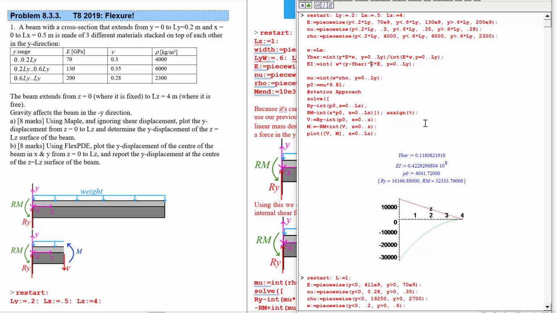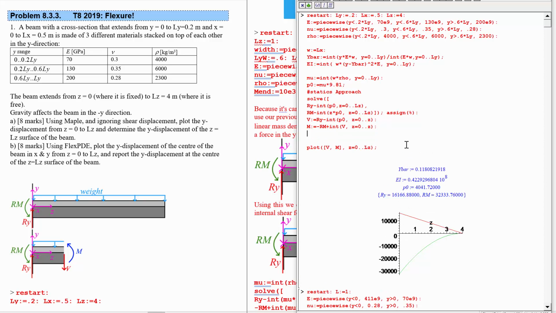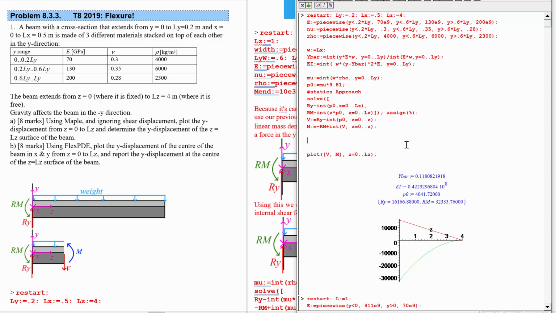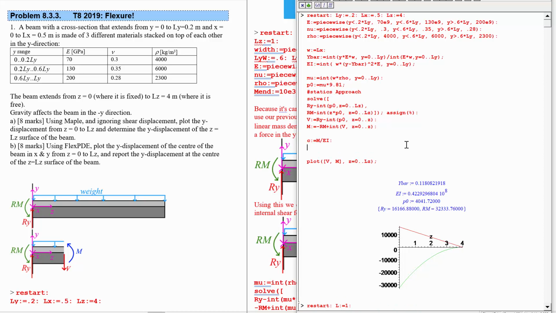All right, now we've got our flexural rigidity calculated, and with that, we can use the internal moment to figure out what the curvature is locally. So the curvature is going to be the moment over the flexural rigidity, and then the curvature can be integrated to find out what V is.